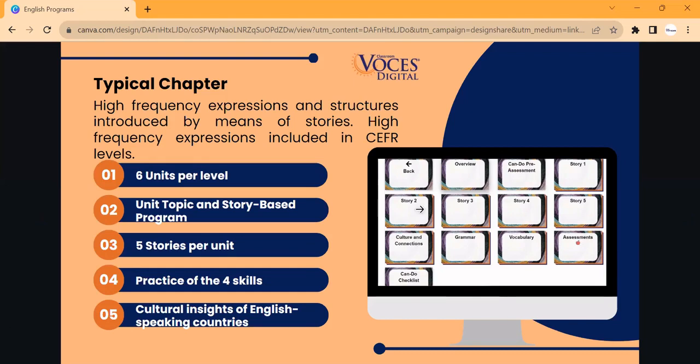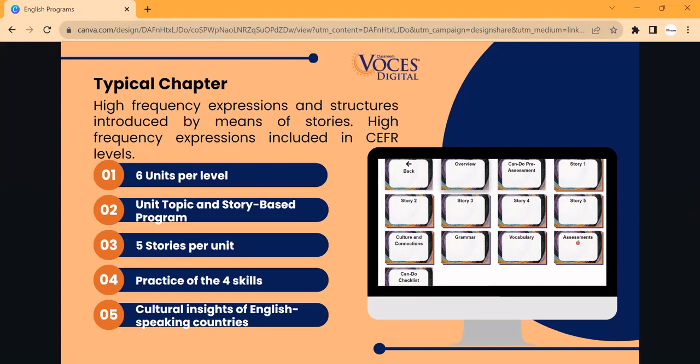We start the class with the overview of the unit, where teachers and students will see the goals and the stories they will read throughout the unit. We have a can-do assessment for students to see where they are before they start the unit. Then we have stories 1 through 5, which include pre and post reading activities supporting language communication.